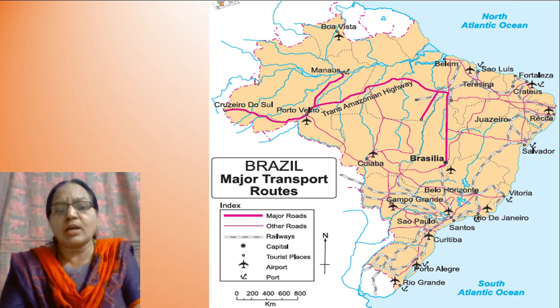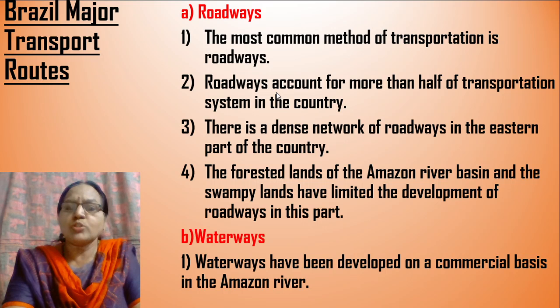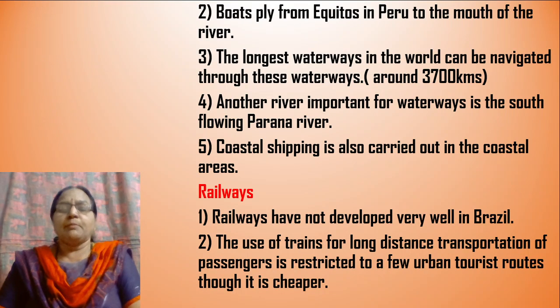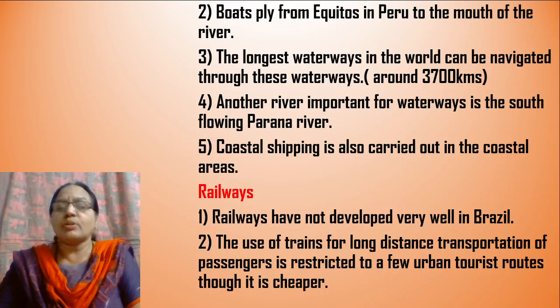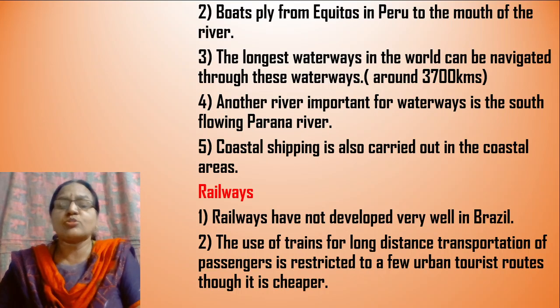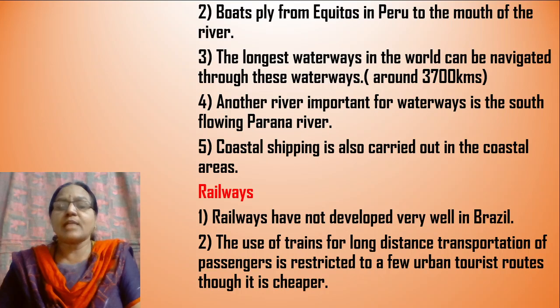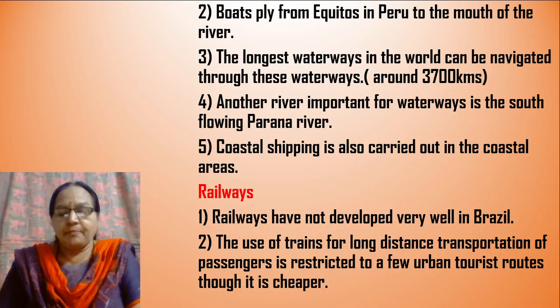So, right from here, up to the mouth of the Amazon River, you have boats plying. The longest waterways in the world can be navigated through these waterways. So roughly around 3,700 kilometers of waterways can be navigated.